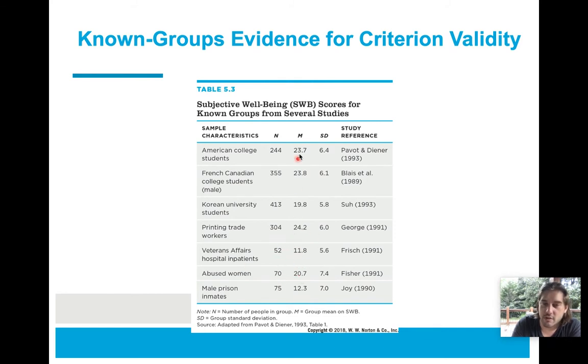And here we see they do. Here's the mean score for the samples. They, on average, score lower than our other groups of people who are either just college students or typical working adults, right? They score, on average, much higher than our bottom three groups. So this would be good evidence for criterion validity using a known groups paradigm.